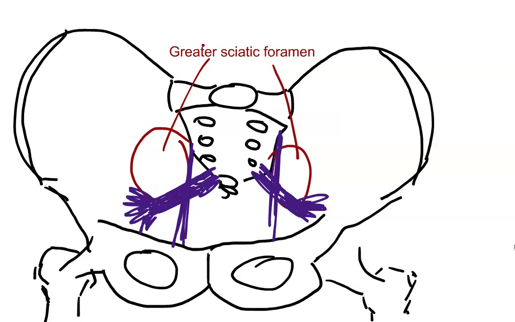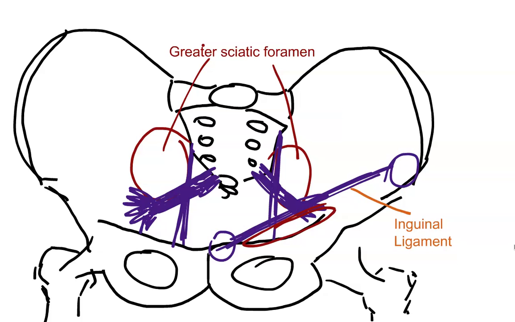The anterior route goes underneath what's called the inguinal ligament, which runs between the pubic tubercle here and the anterior superior iliac spine here. So that's the anterior route. And then the femoral vessels and the nerves to the anterior thigh go under this area.